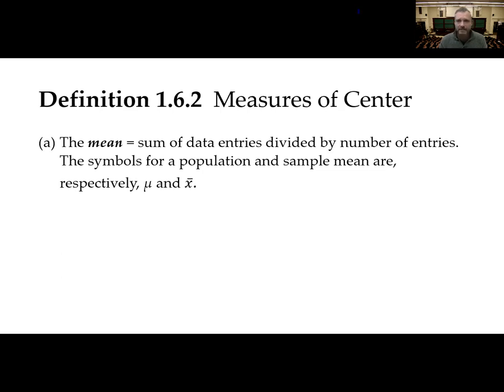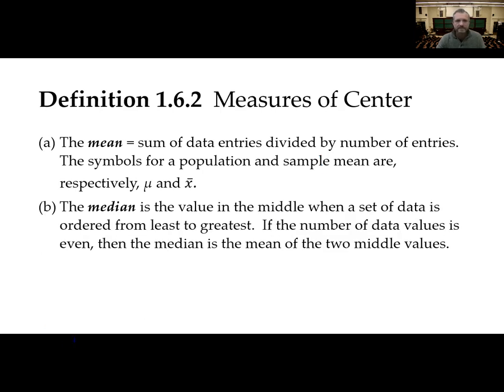In that case, my mean is a population mean, and it is denoted by this Greek letter mu, spelled M-U. That's for a population. Now, if I'm talking about a sample, I'm going to use the notation x-bar, literally an x with a bar on top, hence the name x-bar. So mu refers to the population mean, x-bar refers to the sample mean.